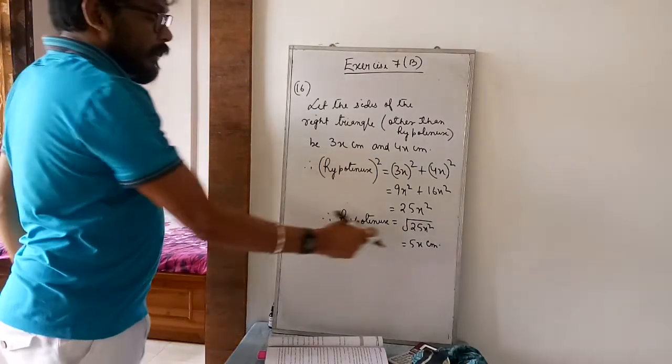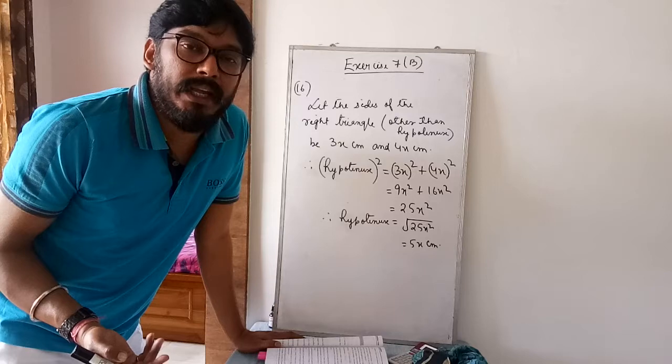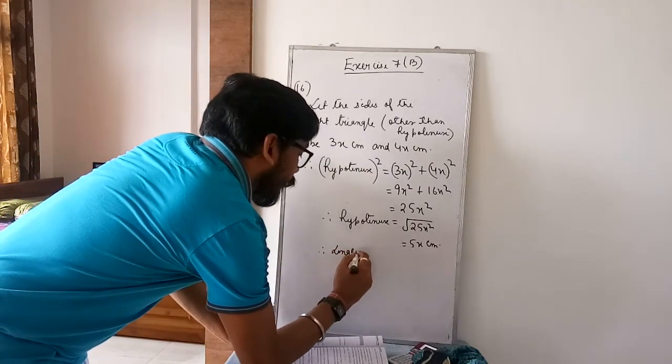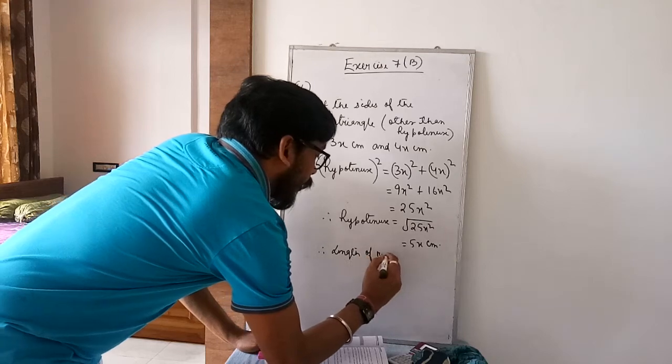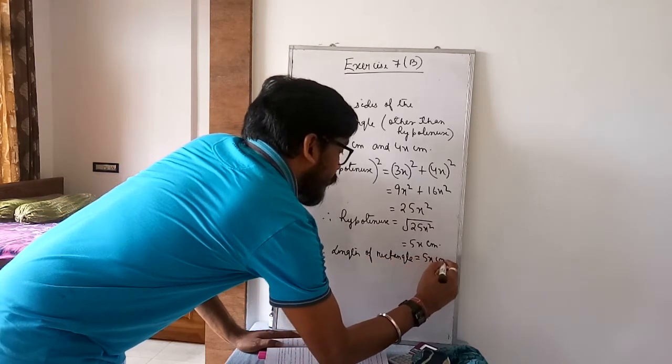So you got the length of the hypotenuse. The length of the hypotenuse will be the length of the rectangle. Therefore length of rectangle equals 5x centimeter.